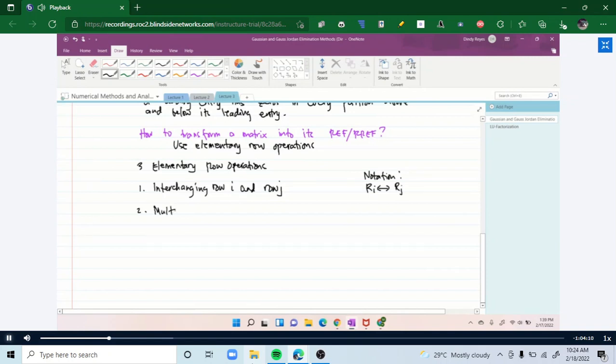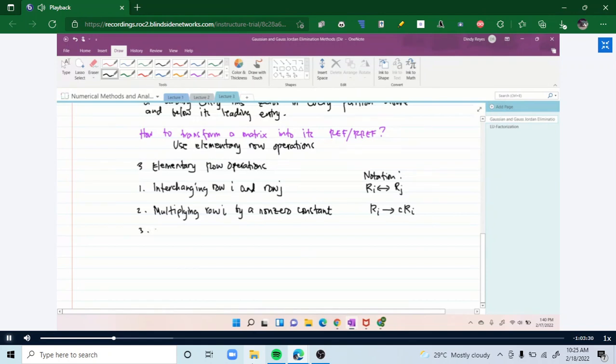Another elementary row operation that we know of is multiplying a row I by a non-zero constant. For example, we are changing row I by C times row I. So this would be our notation. So if you're changing row 1 with 2 times row 1, our notation would be row 1, then this arrow, 2 times R1.